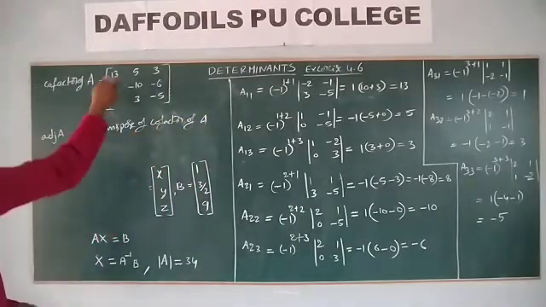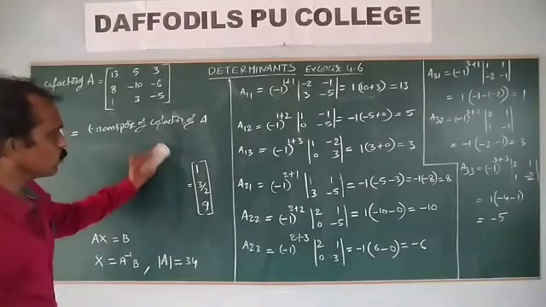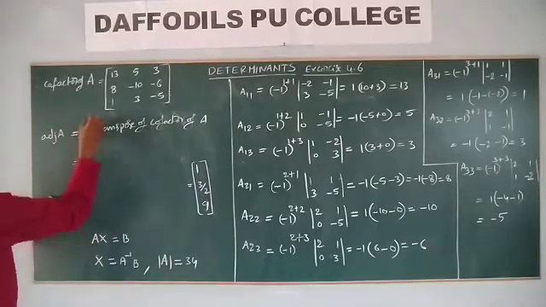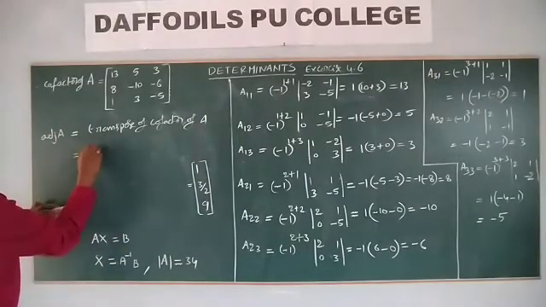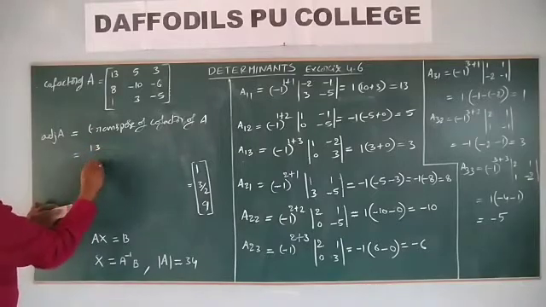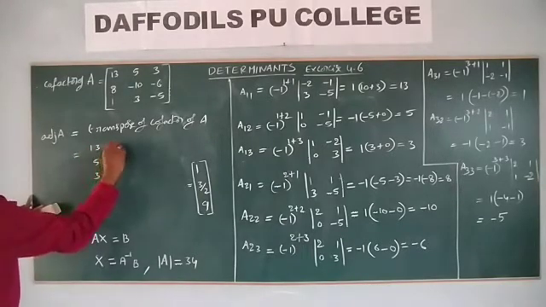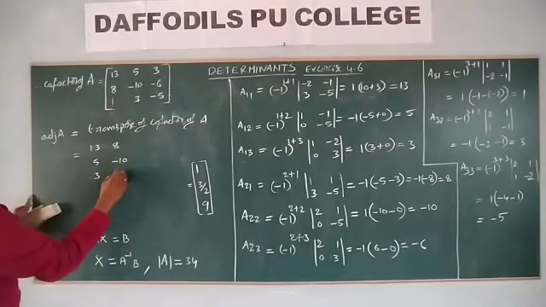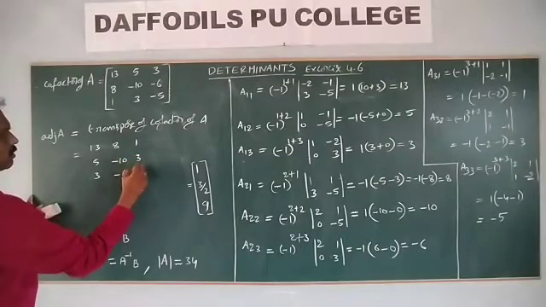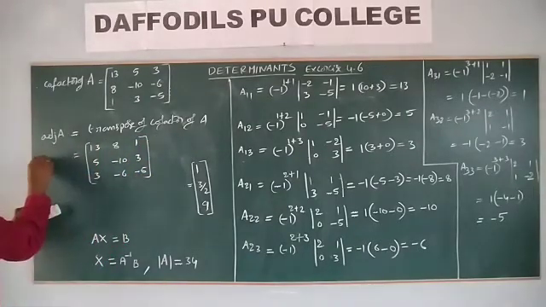Transpose of cofactor of A. Take this transpose. B is equal to 3. This is equal to 13, 5, 3, 8, minus 10, minus 6, 1, 3, minus 5. This is the adjoint.